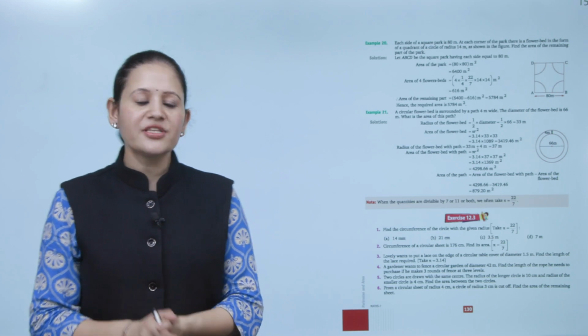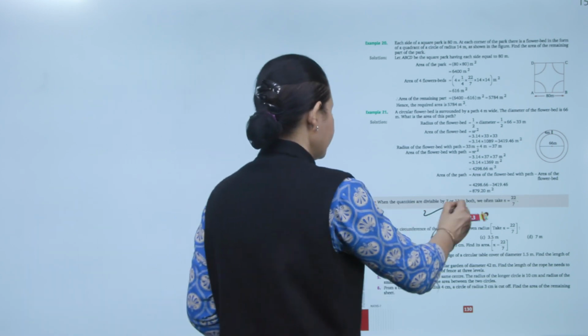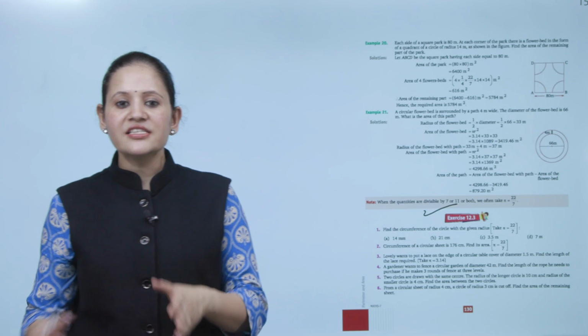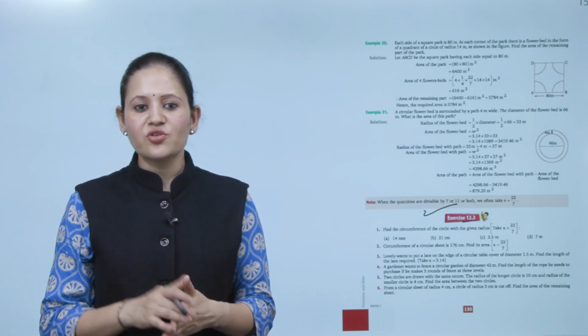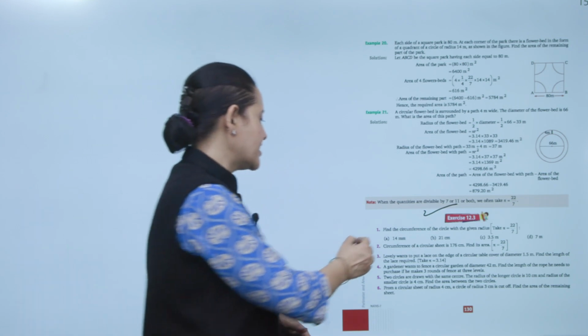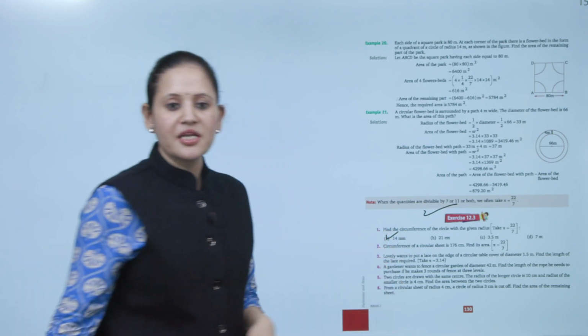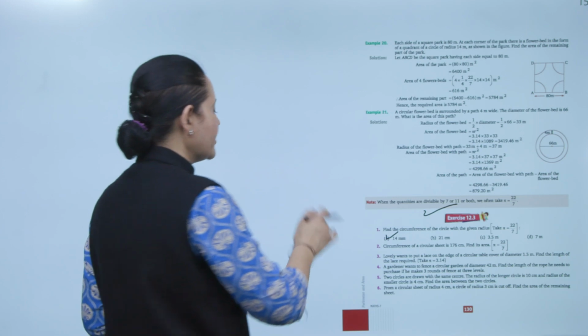Next is exercise 12.3. Find the circumference of the circle with the given radius. Take pi as 22/7. So first is 14 millimeter. We have to find the circumference.